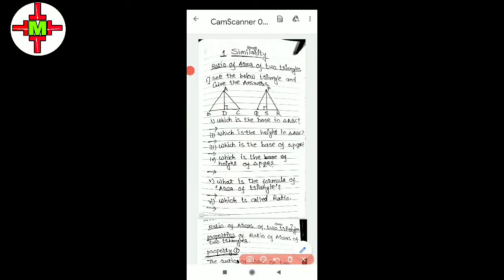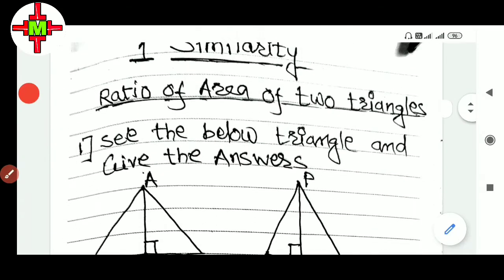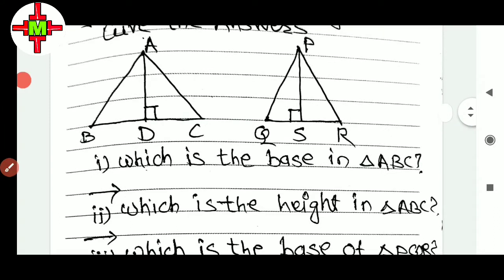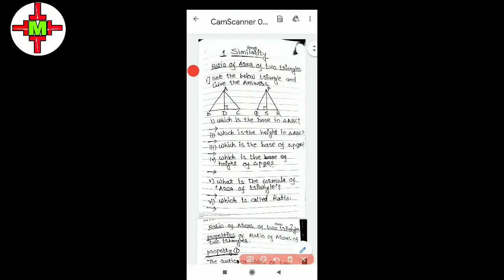The seg BC is the base in triangle ABC. Now, which is the height in triangle ABC? This is question number 2. See here again, seg AD is the height of triangle ABC.